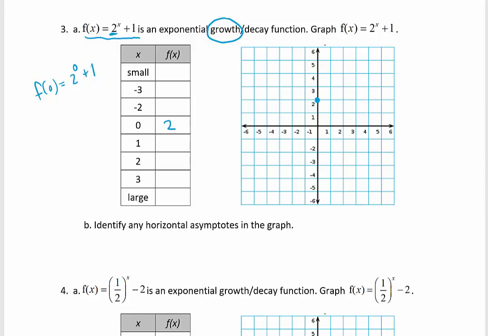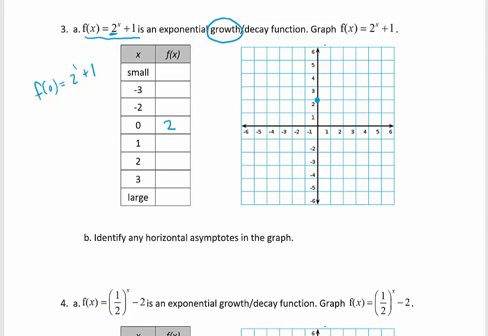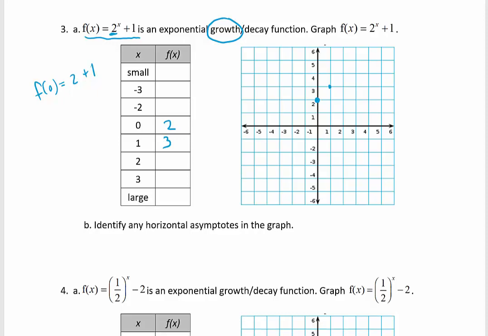Now, if I put a 1 in there, then I'd have 2 to the first power, which is 2, plus 1 would be 3. So over 1, we go up 3. Let's see if I put a 2 in there now. 2 to the second power would be 4. 4 plus 1 would be 5.